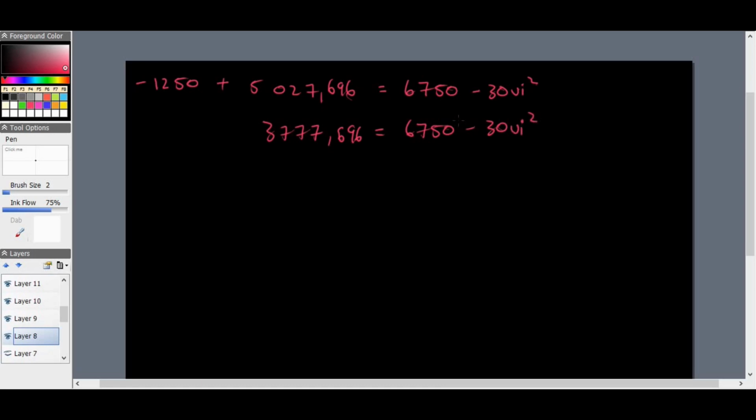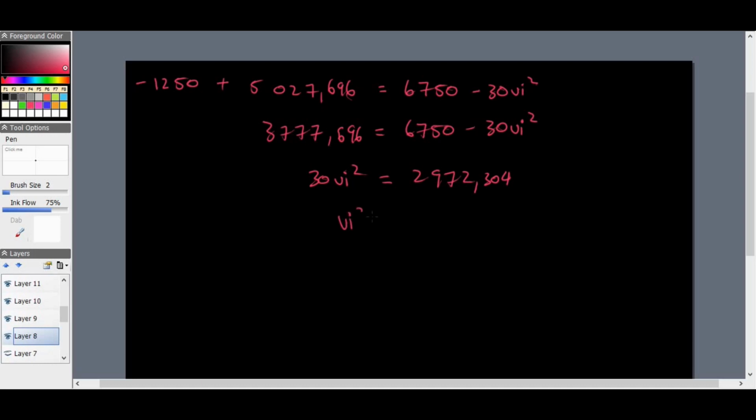Okay, cool. So I'll swap these around. So I have 30 VI all squared is equal to 6,750 minus my answer. And I get roughly about 2,972,304. Divide both sides by 30.